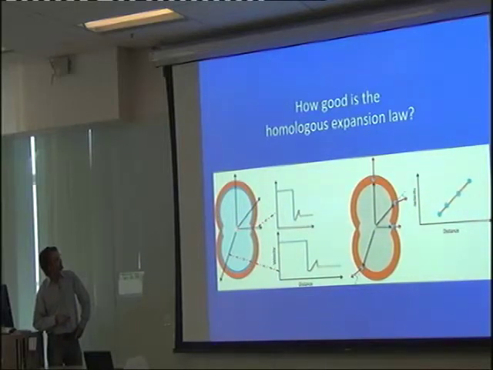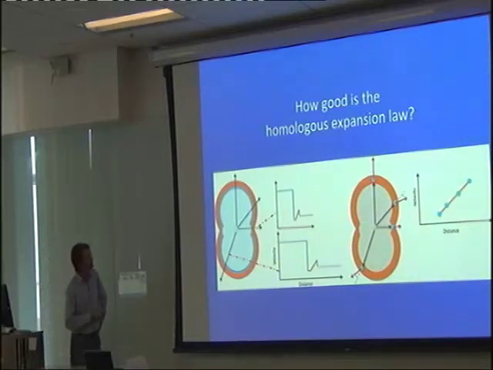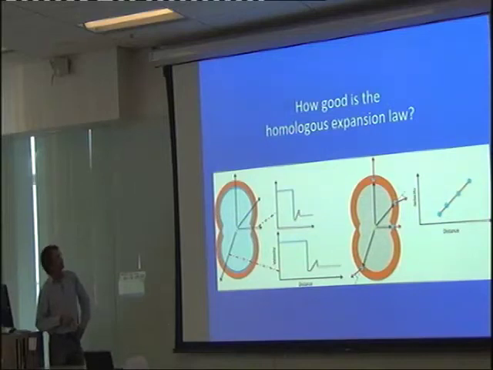If you go from the inside out along a certain direction, you have a very complicated velocity structure, which is not the Hubble flow at all. So you can't really use that for reconstruction if you do it like that. But if you take a particular shell, and then measure the velocity along different directions and plot it versus the distance, it turns out to be quite linear.